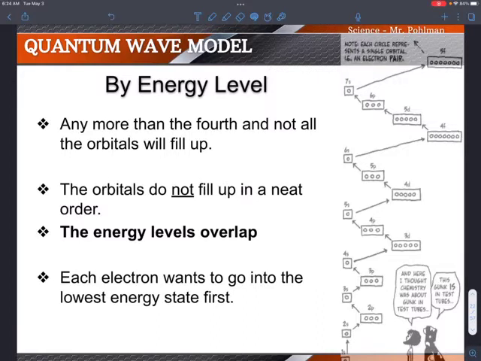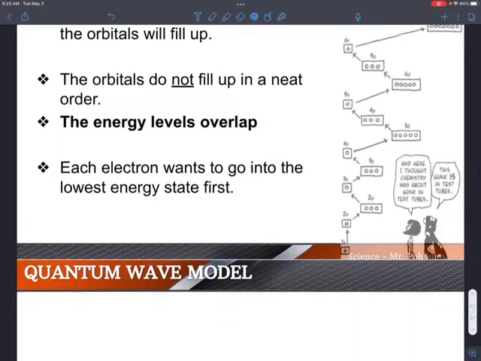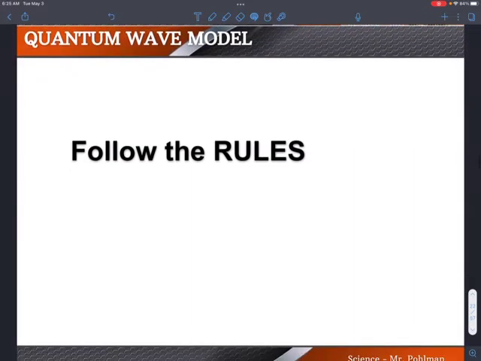Sometimes those regions, the nodes, are going to start overlapping each other. So we'll try and look at the best way to describe that, the easiest way for you to understand what's going on. To do so, there's certain rules that you have to follow.